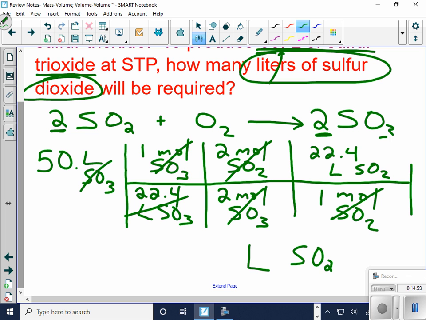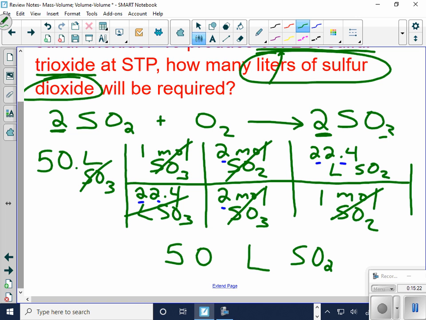Now, what do you notice here, folks? Well, I've got a 22.4 on the bottom and one at the top. I've got a 2 at the top and 2 at the bottom. If I do all this math, what's it going to equal? 50, right? So I don't even need to do that math.